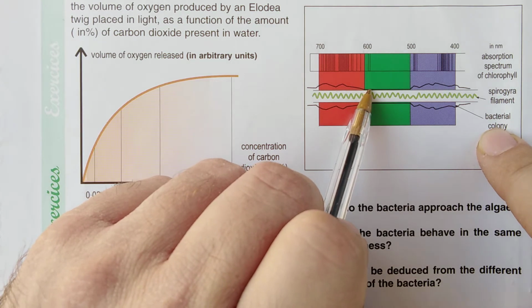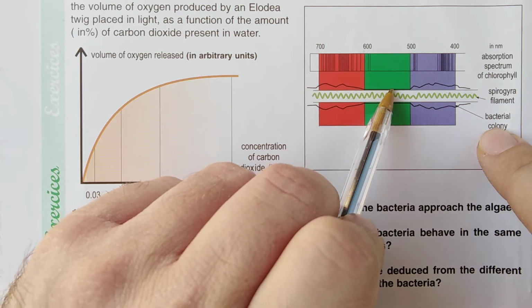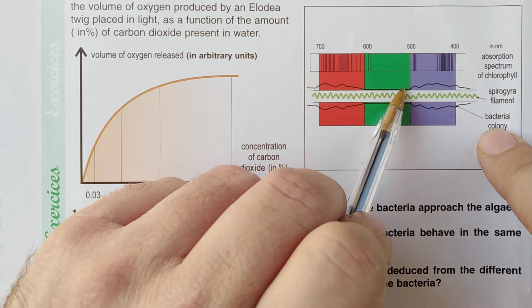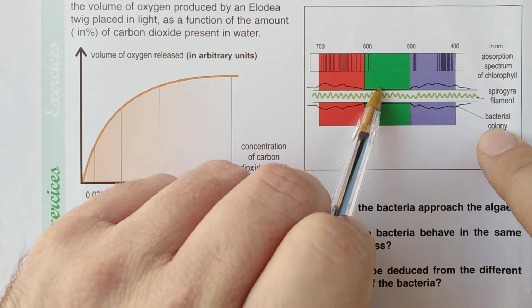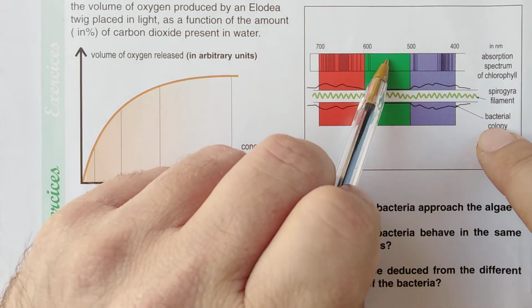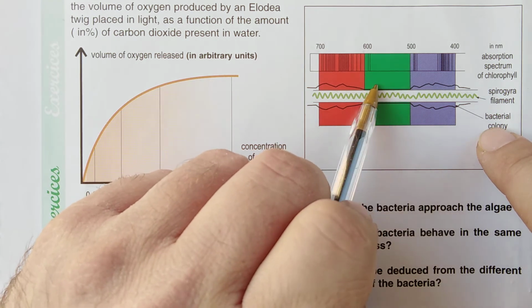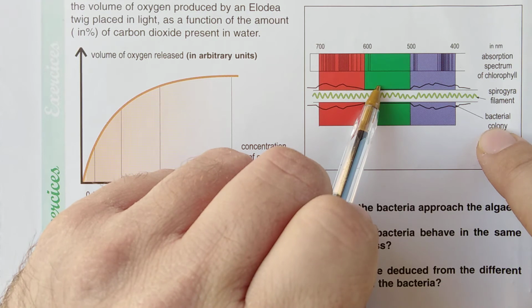Here, the bacterial colonies in the green light were very few, very few bacteria, look, almost just a line, because the light is weak for the plants, since they cannot absorb much light, and consequently oxygen is not being produced in very high amount.